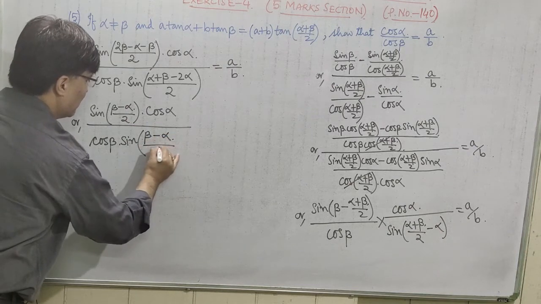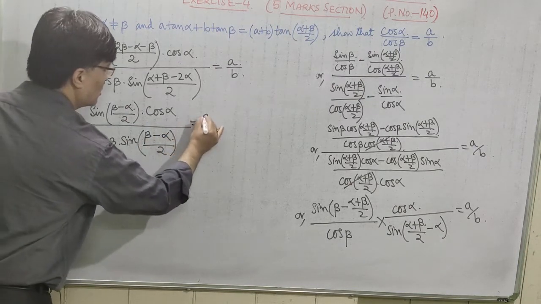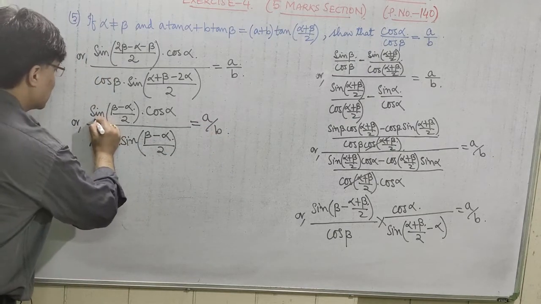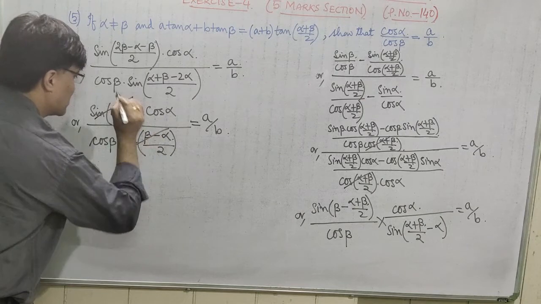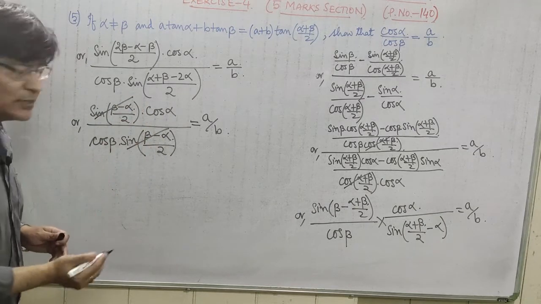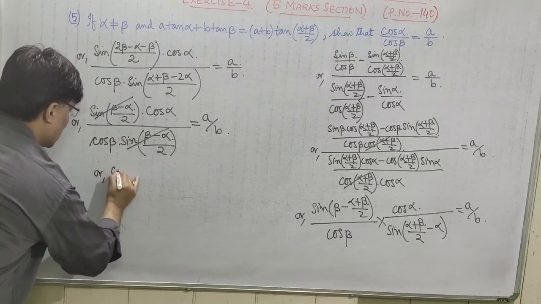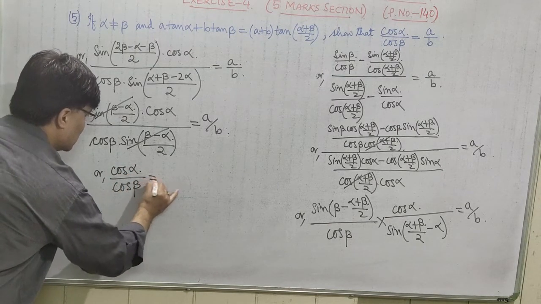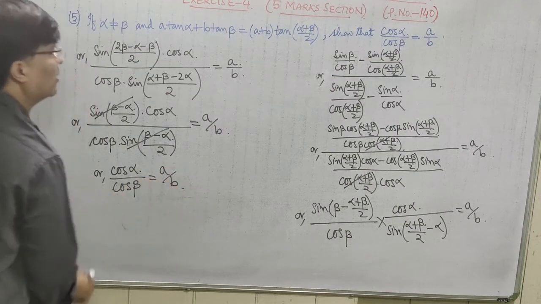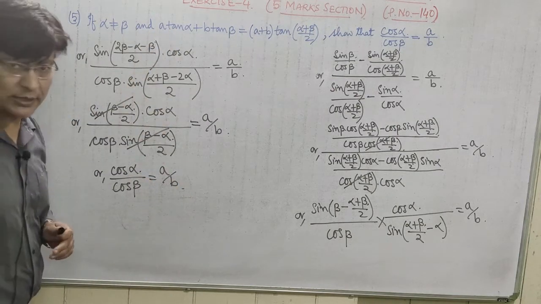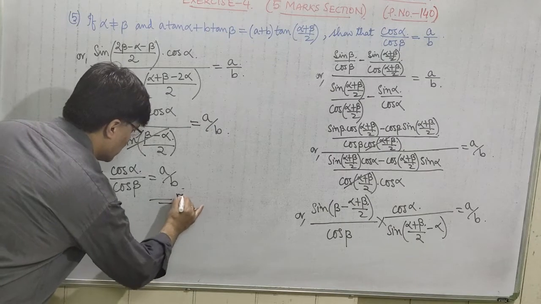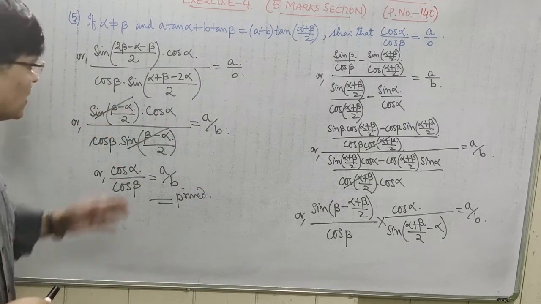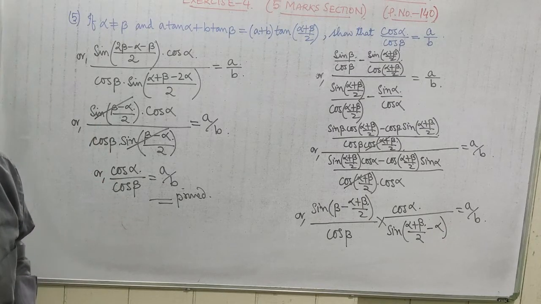Minus alpha, divided by 2, which is equal to A upon B. Here you can cancel: sine of (beta minus alpha)/2 will be cancelled from both numerator and denominator. So this is cos alpha by cos beta, equal to A upon B. So we have proved it. I think you have understood it, so you can copy it. Now we'll do the next question.